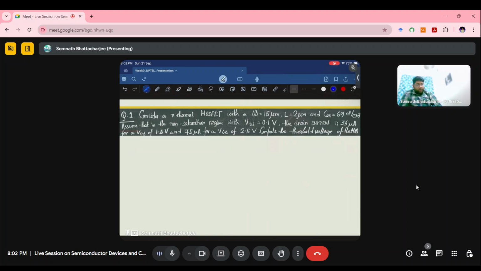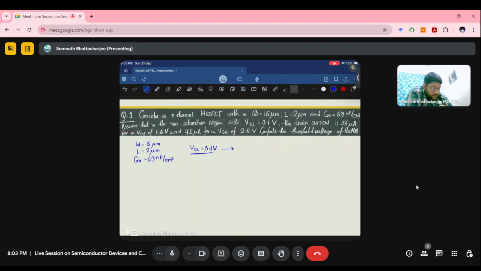Okay, I'll go through the problem again. We have W, that is 15 micrometers, and L, so we can directly get the aspect ratio W by L. We also have the value of Cox, that is 69 nanofarad per centimeter square, so it's better to convert everything into centimeters. VDS is set at 0.1 volts.